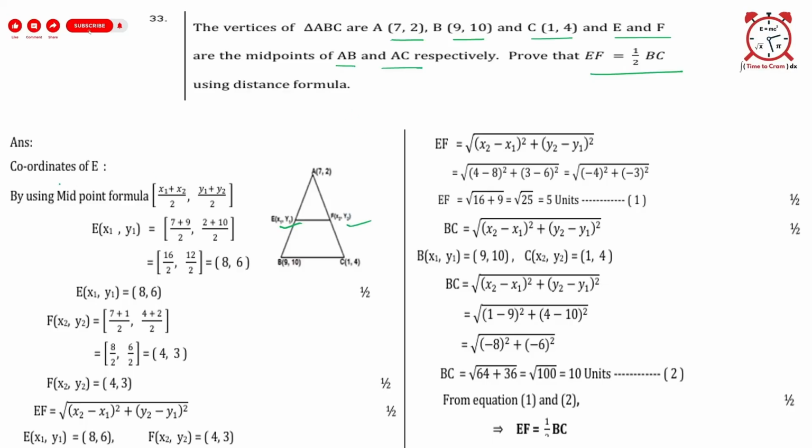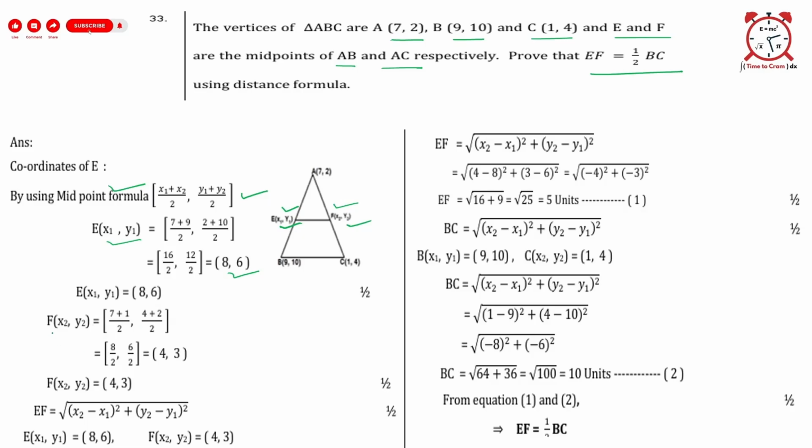First of all, we will find the coordinates of E and then F by using the midpoint formula one by one. We know this is the midpoint formula. So E(x1, y1) equals (8, 6) by the midpoint formula, because E is the midpoint of AB. Same way, F is the midpoint of AC.